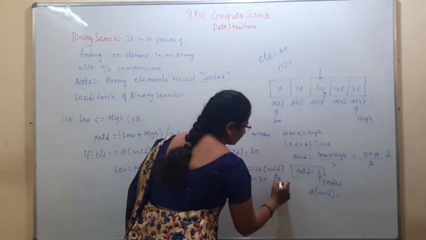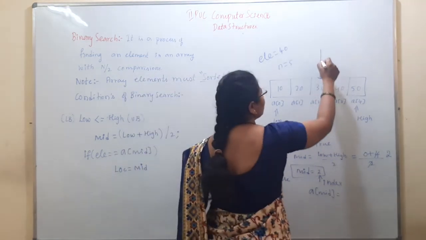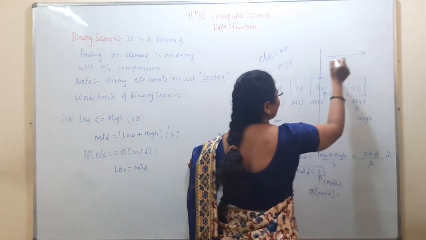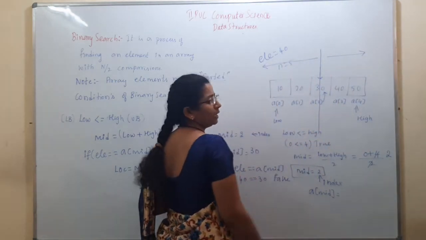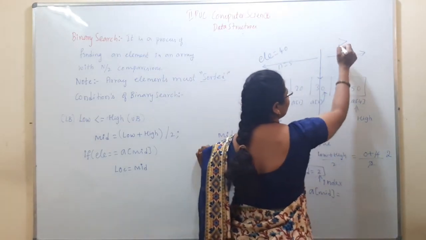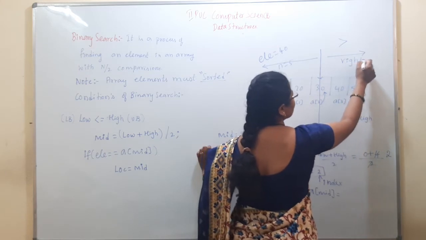The condition is false. If the condition is false, I should check whether to traverse from the midpoint towards the right hand side or towards the left hand side. If the element is greater than the mid, traverse only the right hand side.